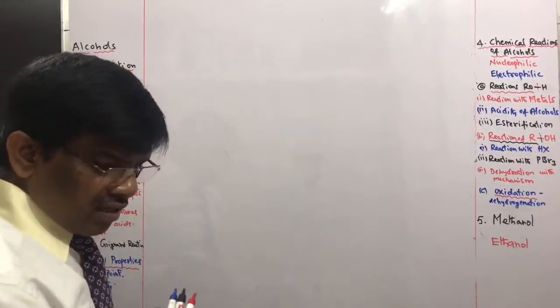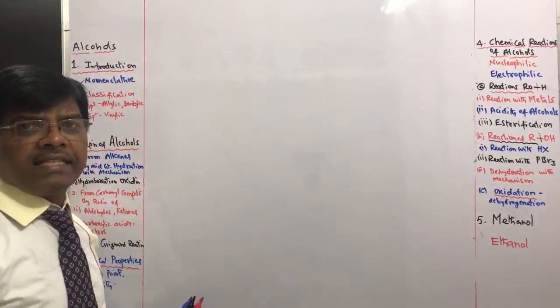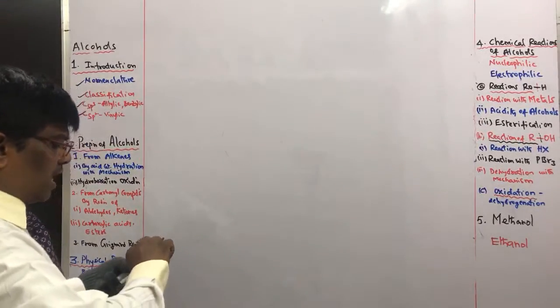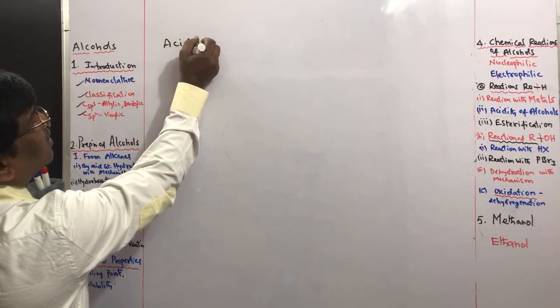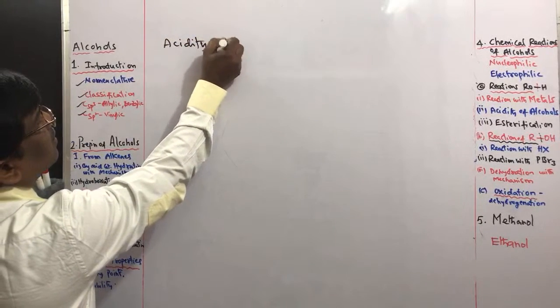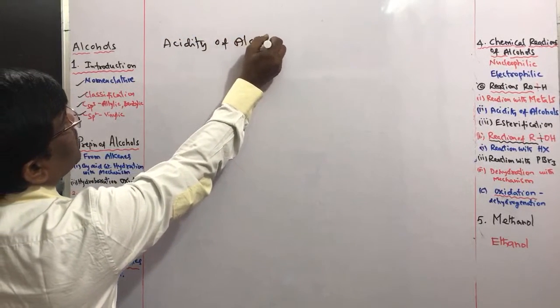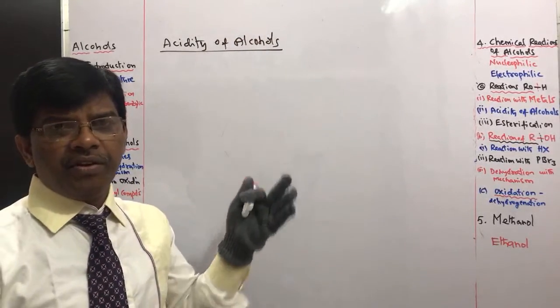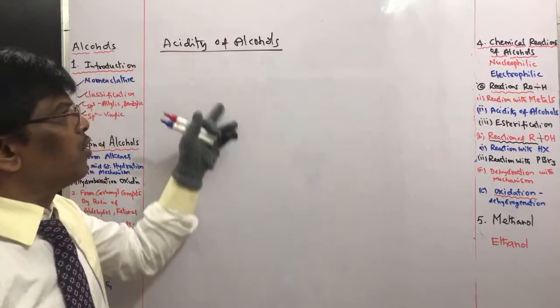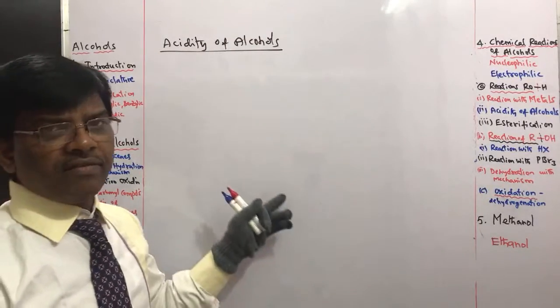Anyhow, the overall acidity order of organic compounds, acidity of alcohols. Dear students, I made a separate video on acidity of alcohols. If you want, you can check that video. I am going to give the link below in the video description.